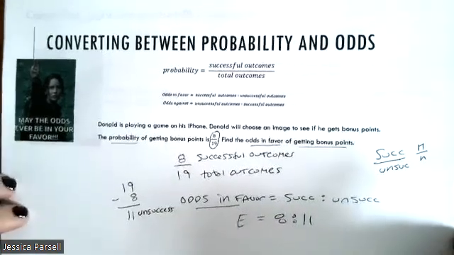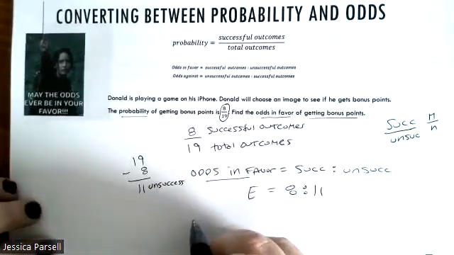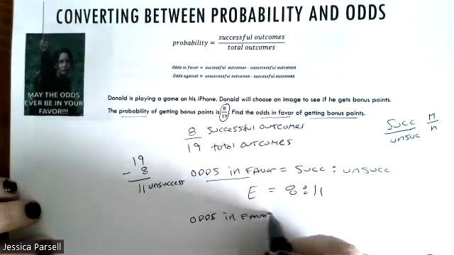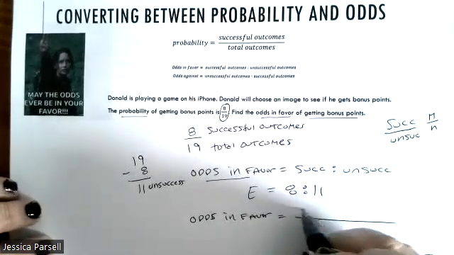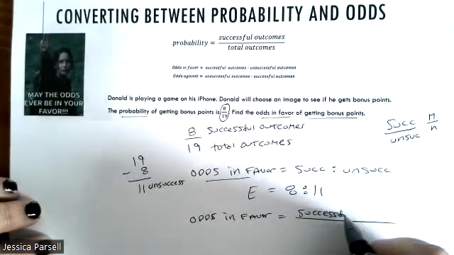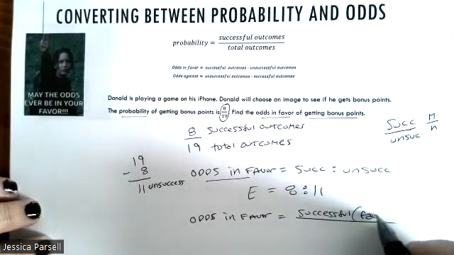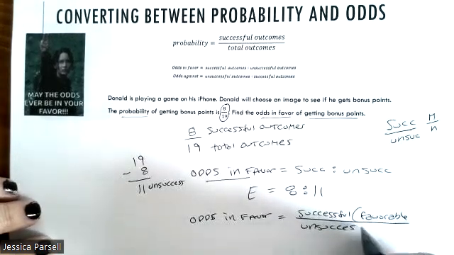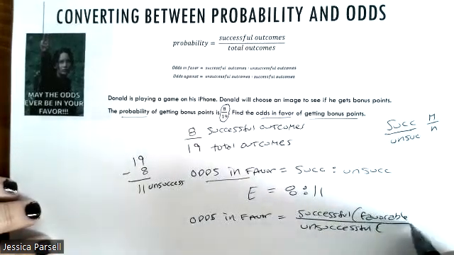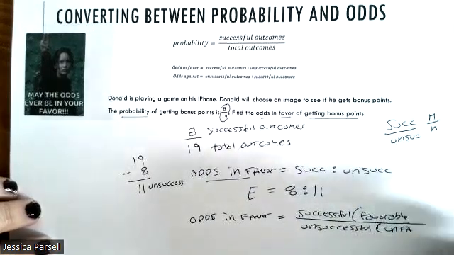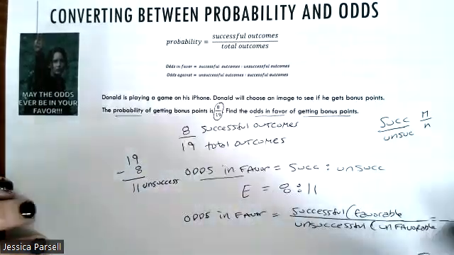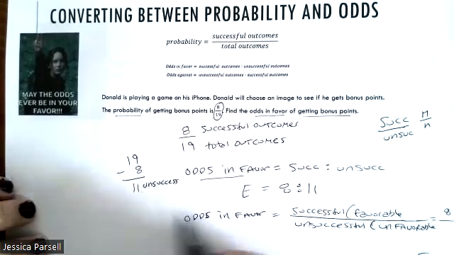So you may want to write it out like this. To help make sense of this, odds in favor is equal to successful, or favorable, we were calling it, over unsuccessful, or unfavorable. Okay, and that's going to be equal to successful is the 8, unsuccessful is that 11.